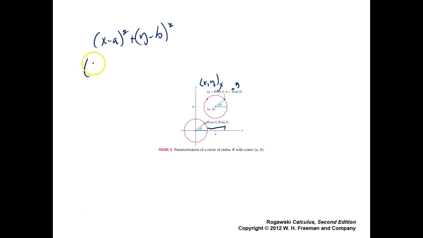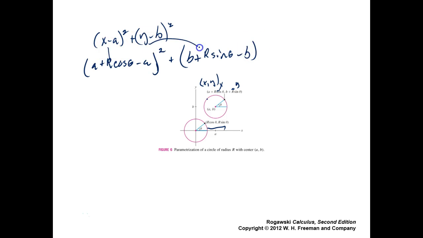If your x is this, that would be a plus r cosine theta minus a, squared, plus the y is b plus r sine theta minus b, because this is your x, there's your y, and then you're subtracting a or b from it.